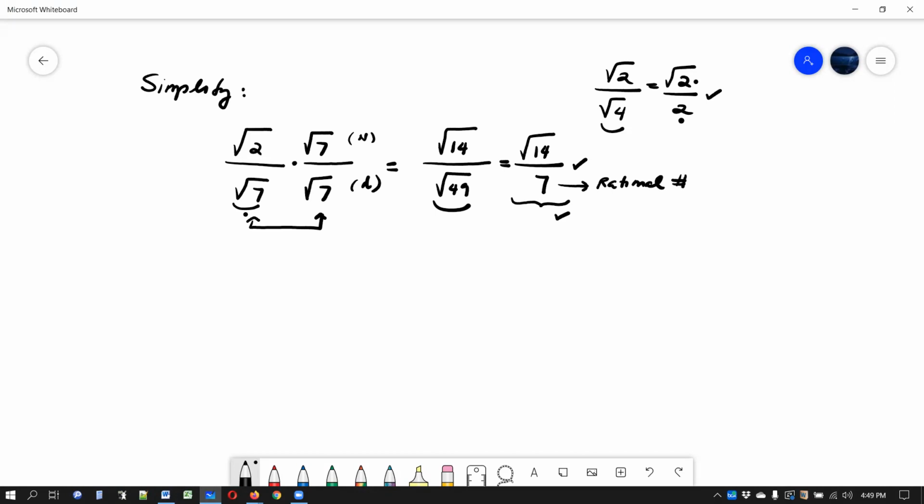And this is the process of rationalization. In this case, we left it in division format, but we didn't really perform the division. So that's why sometimes we don't call it division of radicals, we just call it the rationalization process. So this is the first example.